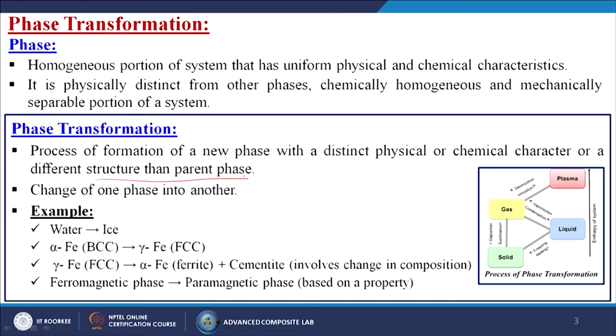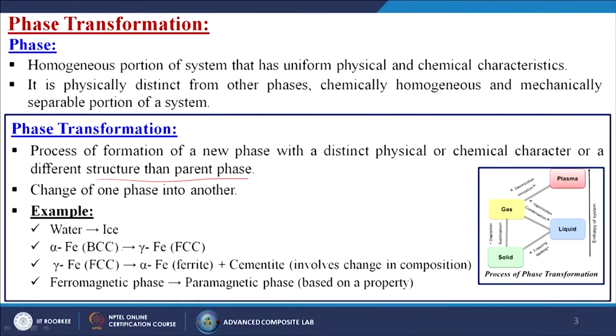Simply, we are changing the phase maybe from solid to liquid, or sometimes from liquid to solid, or from solid to solid, or liquid to liquid. There are so many types, or so many steps available by which we can change the properties of the material. For example, from water to ice, simple liquid to solid, we are changing its phase.